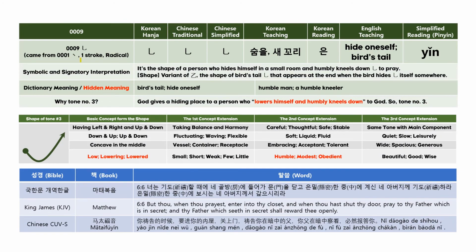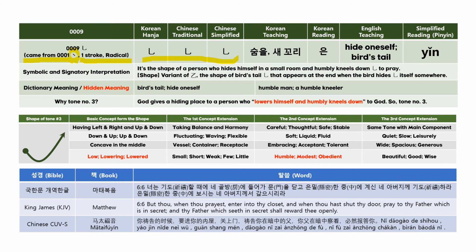This character is just one stroke radical, or one stroke Chinese character, came from the dot. Yeah, hidden meaning was sky. Korean Hanja and Chinese traditional and simplified form all same shape.